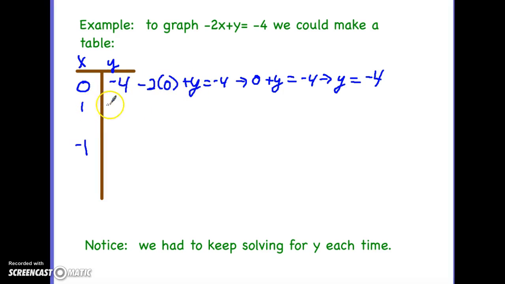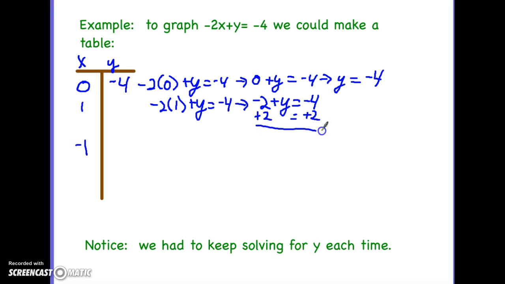When x is 1, I do the same thing. I take the 1 and I substitute it in for x in my equation. So I would have -2 times 1 plus y equals -4, which would mean -2 plus y equals -4. And to solve this, I'd add 2 to both sides. And so I would get y equals -2.